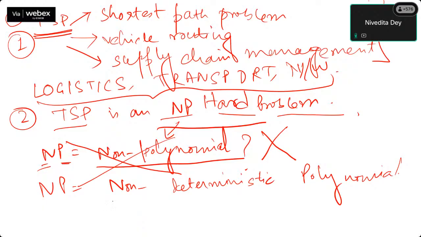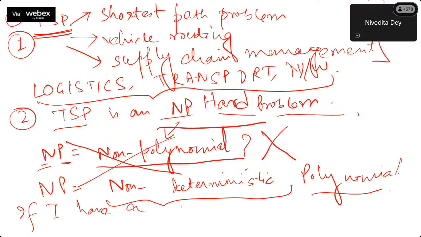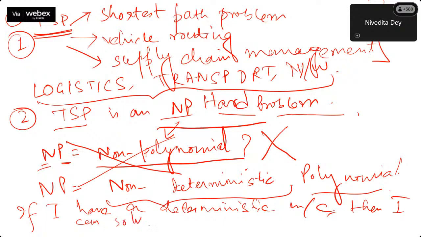It means if I have a deterministic machine, then I can solve it in non-polynomial time.